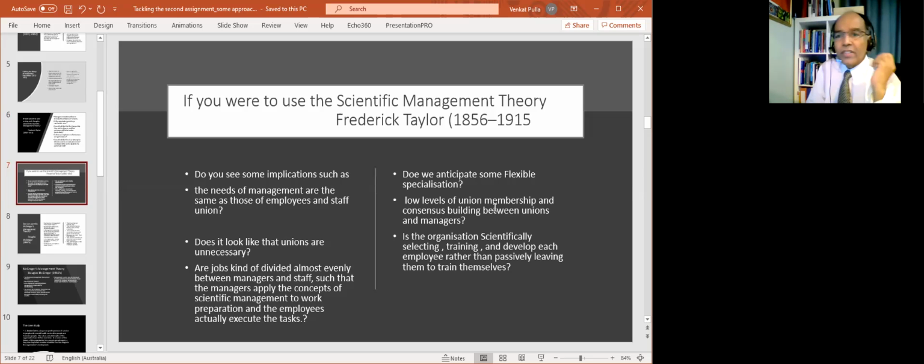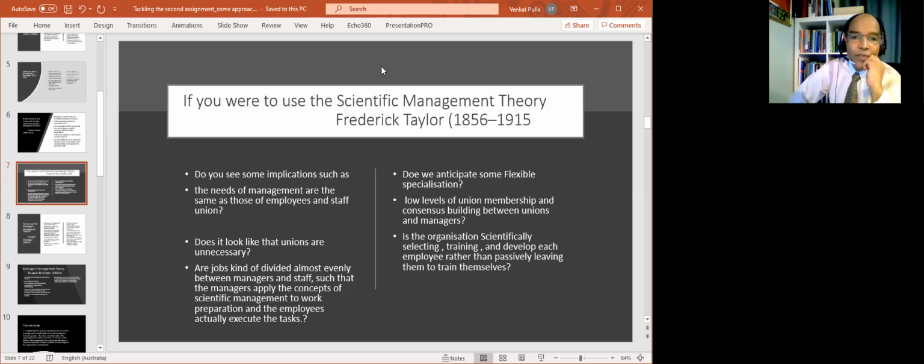If you were to use the scientific management theory, now you need to see whether there are some implications, such as the needs of the management being the same as those of employees and staff. Does it look like unions are unnecessary in this organization?